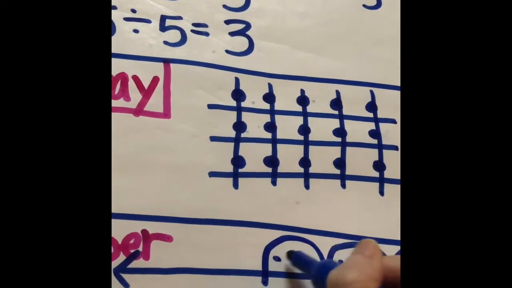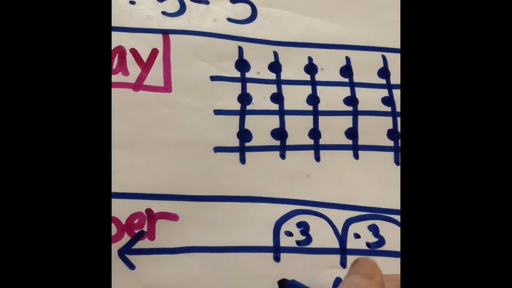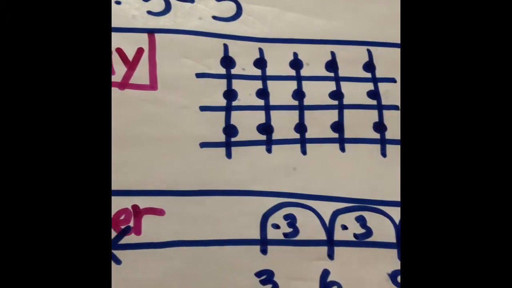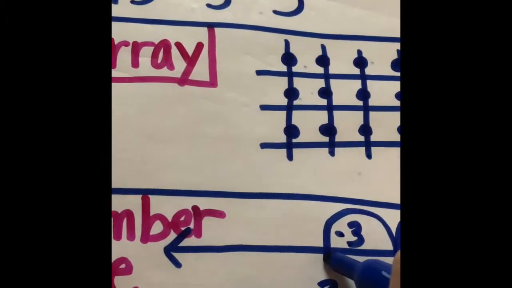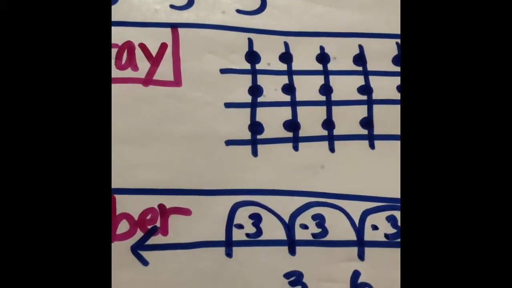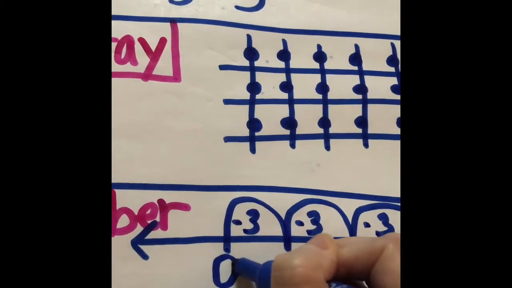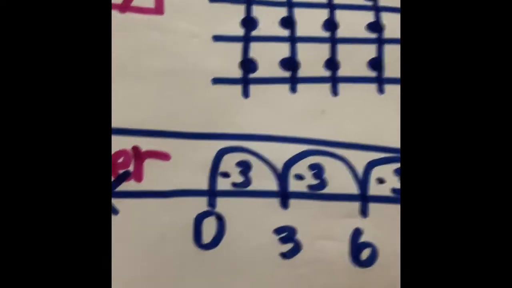Another hop, minus 3. 6 minus 3 is 3, and then another hop, minus 3. 3 minus 3, that's right, it's 0. That means I get to stop because I got to 0.